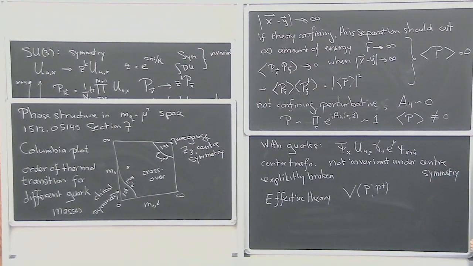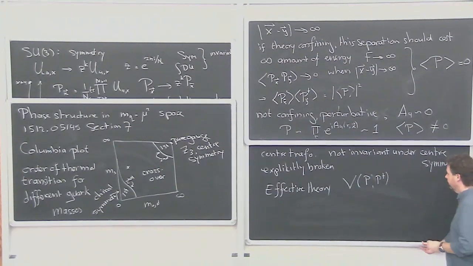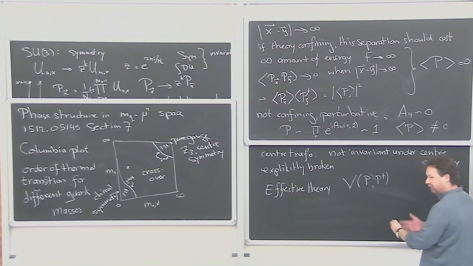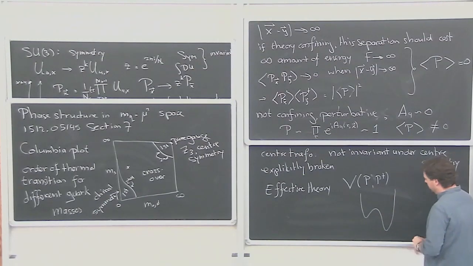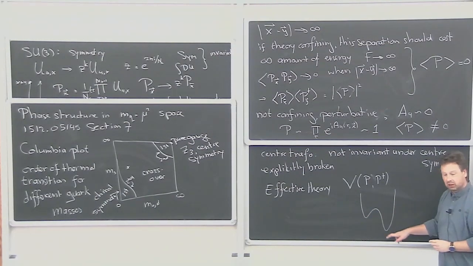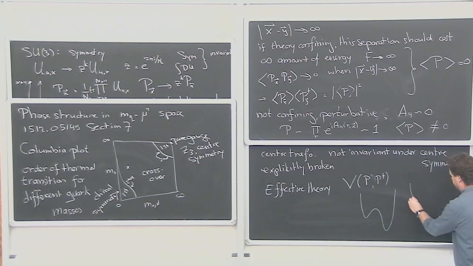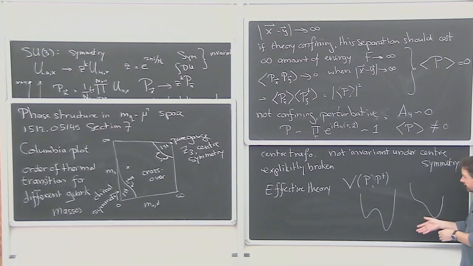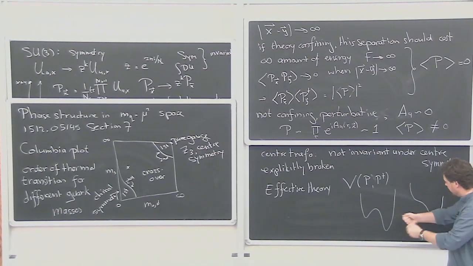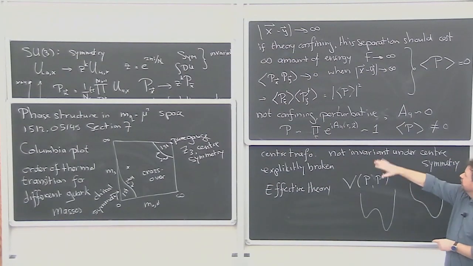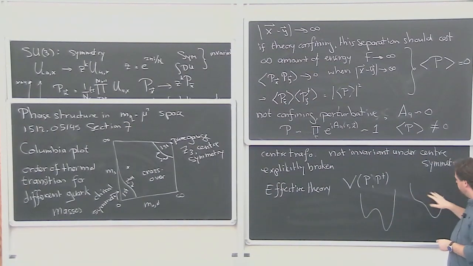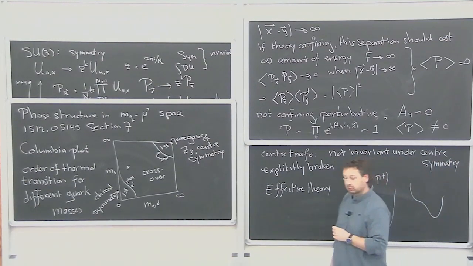And like in a la Ginzburg-Landau, very schematically, without axis labels, you can have a potential like this, which would have a first order transition, or if you change the parameters, maybe you have something like this, which no longer has a first order transition. So you can study it in an effective model, and by changing the parameters of this effective potential, you can go between first order transition and crossover, just by doing that. Yeah, good question.